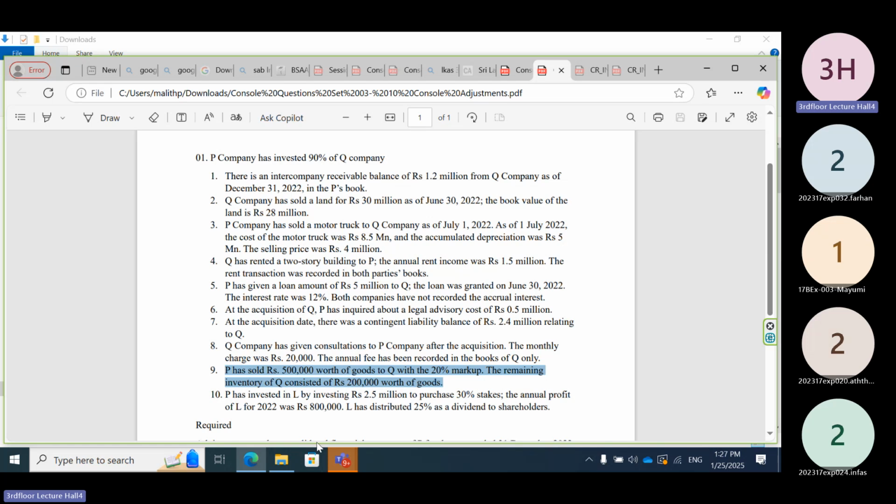This is the sales value. And then we have this markup of 20%.